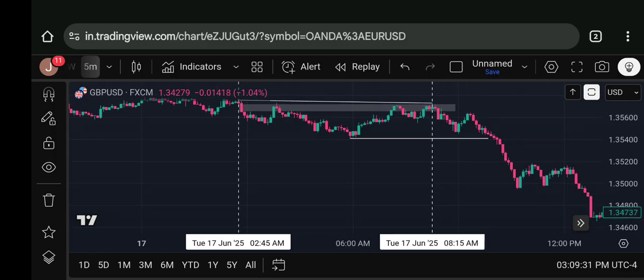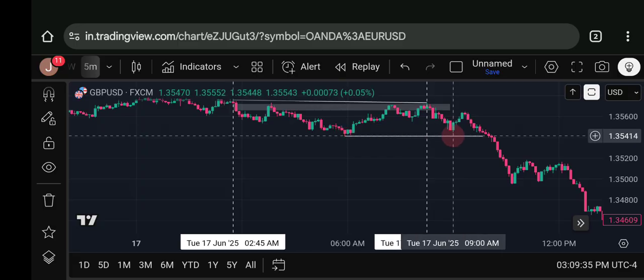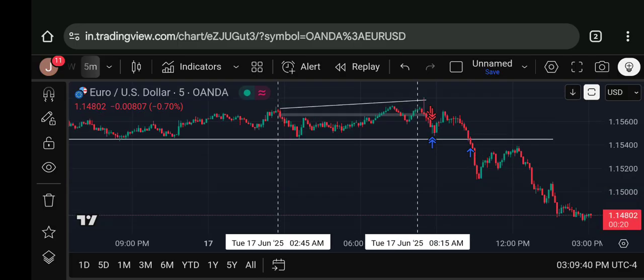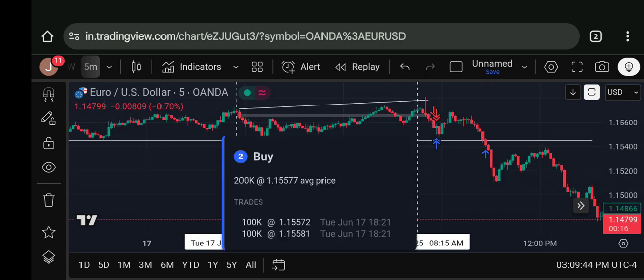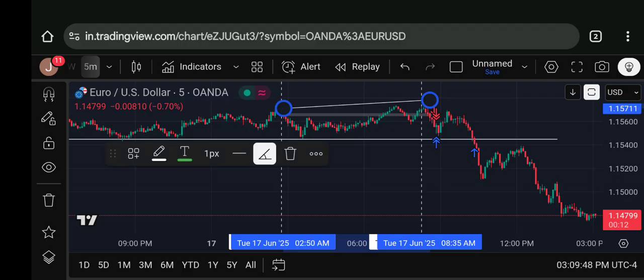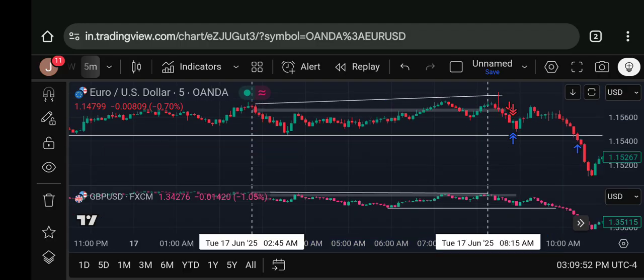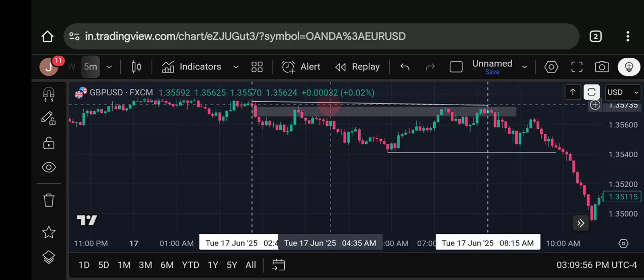So if price respects this bearish fair value gap, where would the price move? It will definitely move to this sell side liquidity. That's exactly what happened. 4 hour IRL to ERL, 2 hour IRL to ERL, 1 hour IRL to ERL, and then 5-minute SMT, where euro sweeps the buy side liquidity by disrespecting the bearish fair value gap, whereas the same bearish fair value gap was respected on GBP and price made a lower low here.